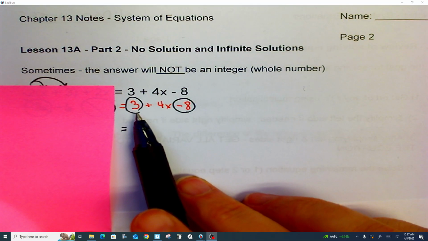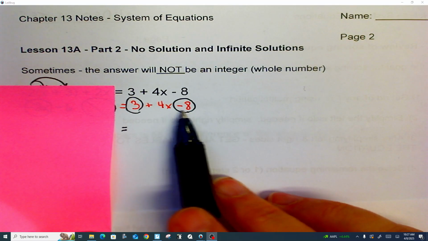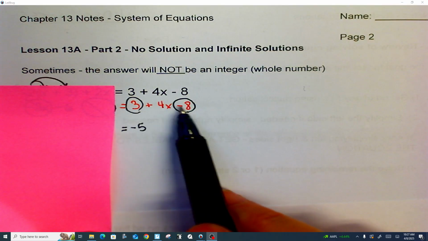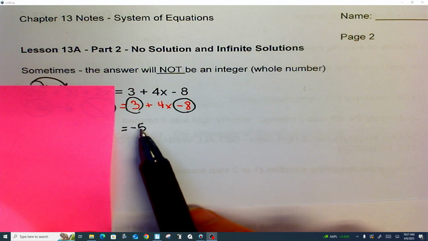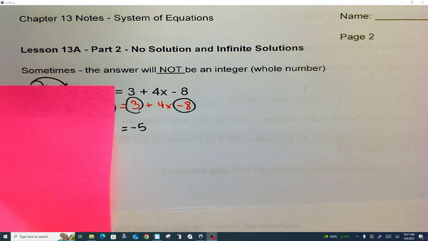You can see here that we can put 3 minus 8 together, always still in the signs in front of the number, right? And so that makes it be -5. And so these two have combined or simplified to give us that -5, and the plus 4x can come straight down.